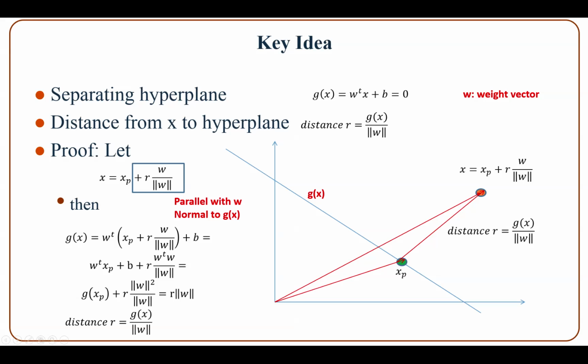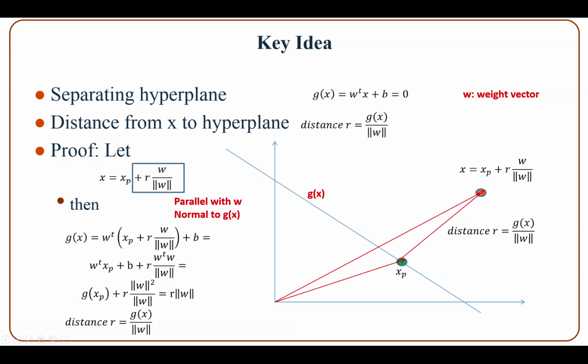This vector is normal to the hyperplane and has a length of r. So we can express this in terms of w, which is r multiplied by w divided by the norm of w. Now we replace x into g of x.